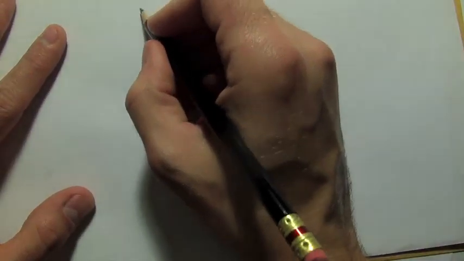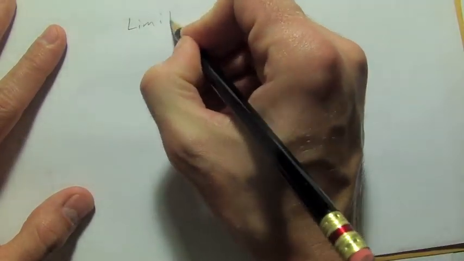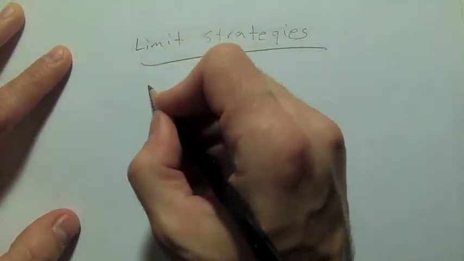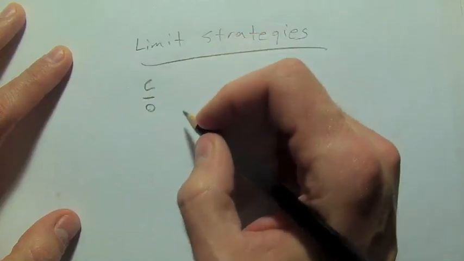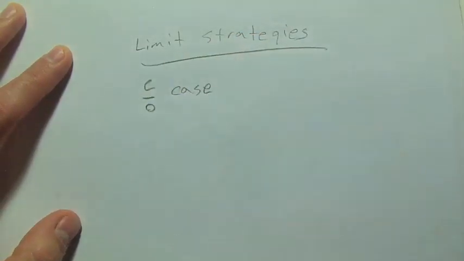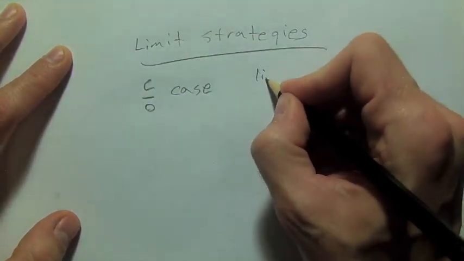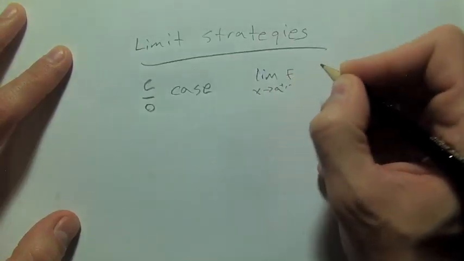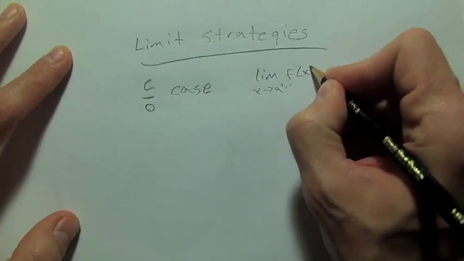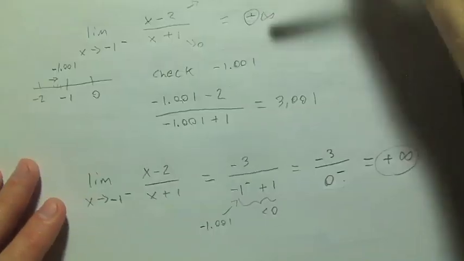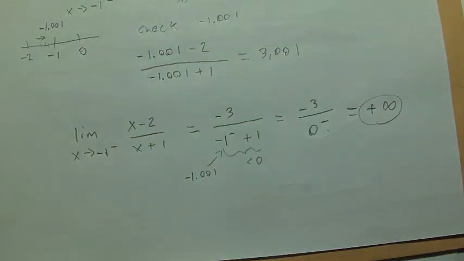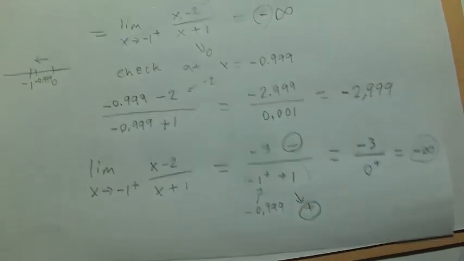Okay, so the limit strategies, right? If you get a constant over 0, then the limit of that, whether it's from the right or the left or both sides, you have to check both sides. For example, here we got positive infinity from one side, negative infinity from the other side.